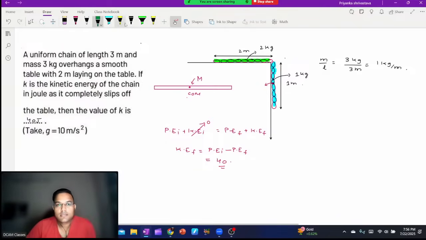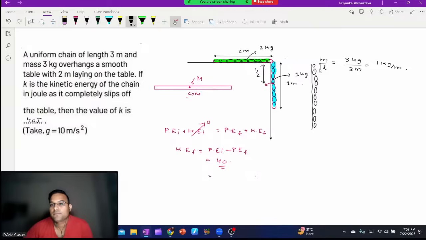Kanishka, you got it now? Initial potential energy is 1g into half. Final potential energy is what? I'll find out the difference. Initially, it was here. Now the final condition will be the whole chain will come like this, 3 meter length.